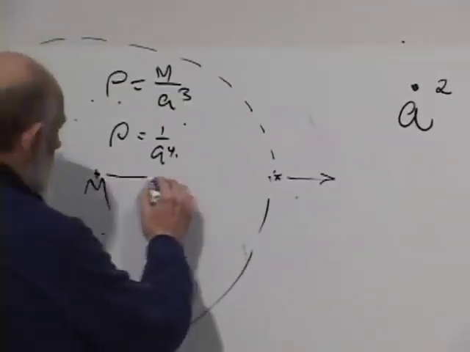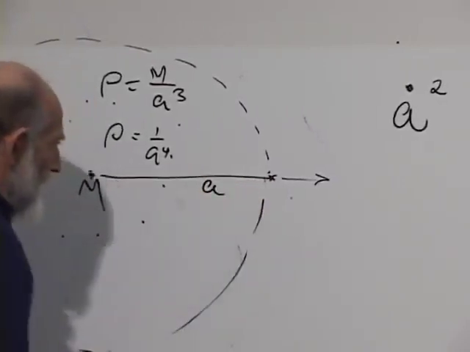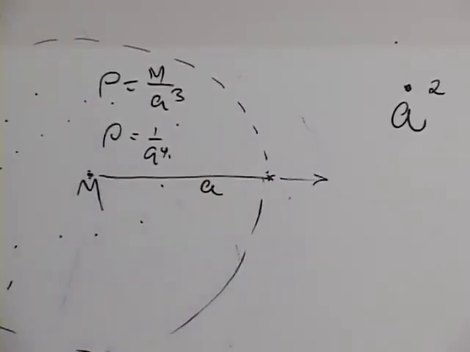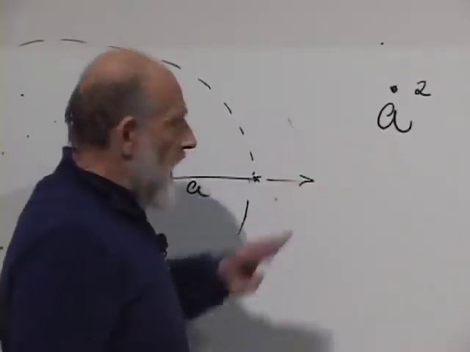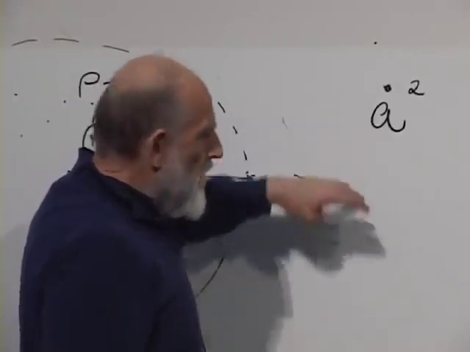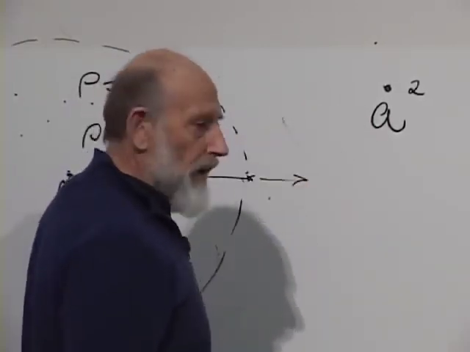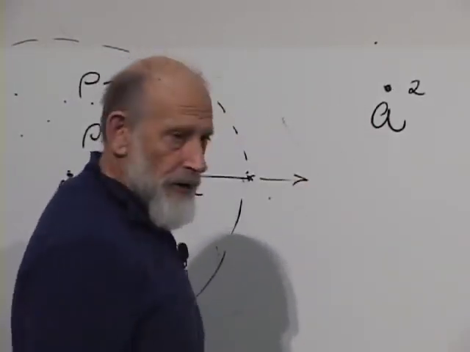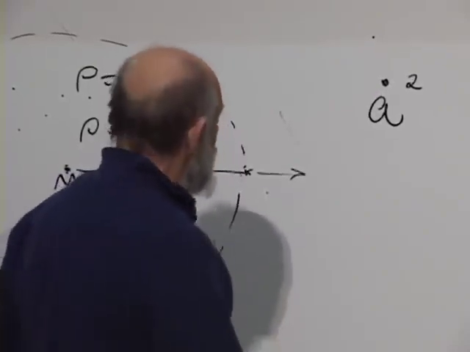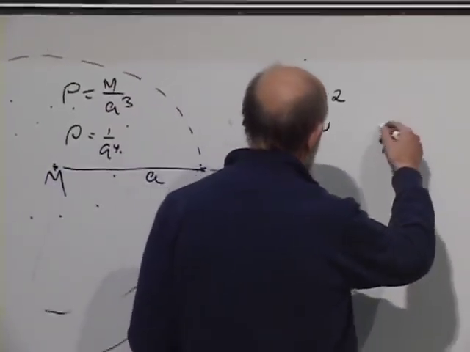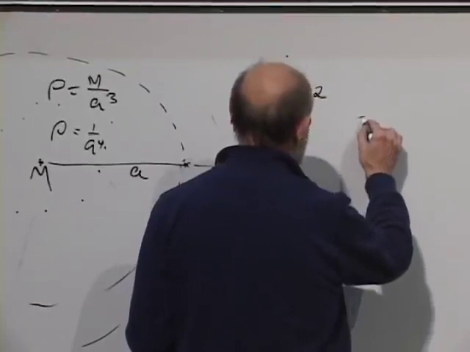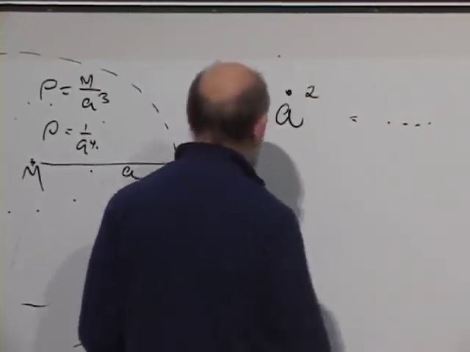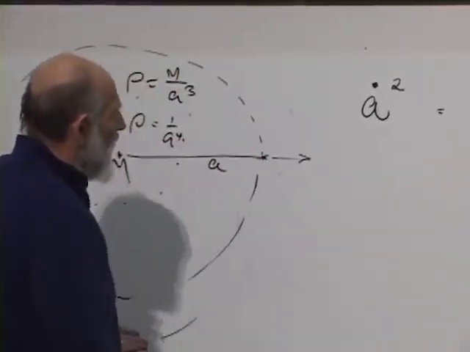The distance to any given galaxy is proportional to the scale factor. So the kinetic term, I won't write the details, I'm just reminding you now, was a dot squared, then there was potential energy, which we put on the other side of the equation, and I'll just remind you what the equation looked like.